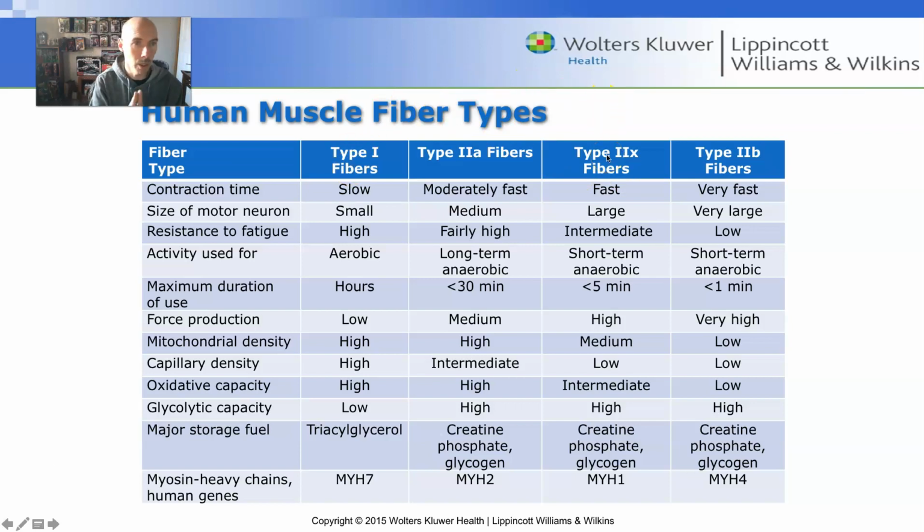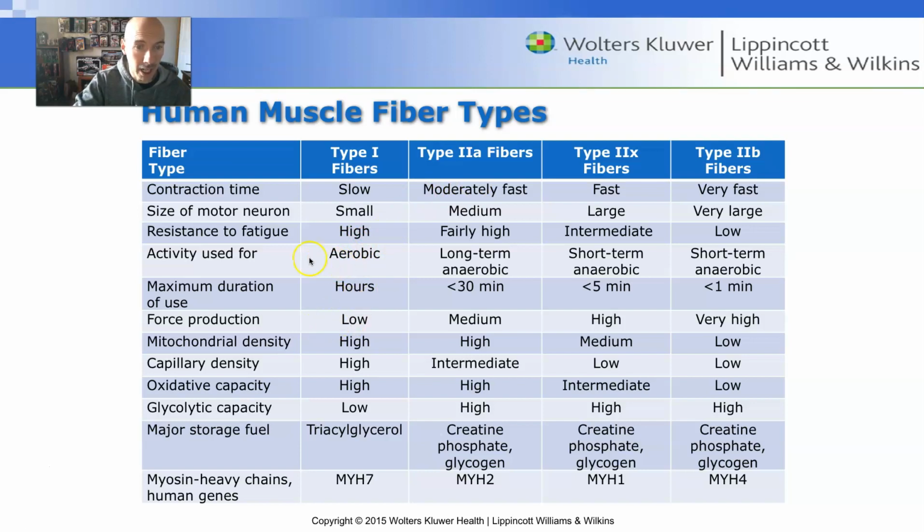So I want you to think about which fiber type is the predominant one used for the activity you pick, and then I'm going to ask you to explain a few reasons why. For example, for a marathon, because the duration of the activity is so long, we're going to need to rely on our aerobic energy system to get us through that activity.